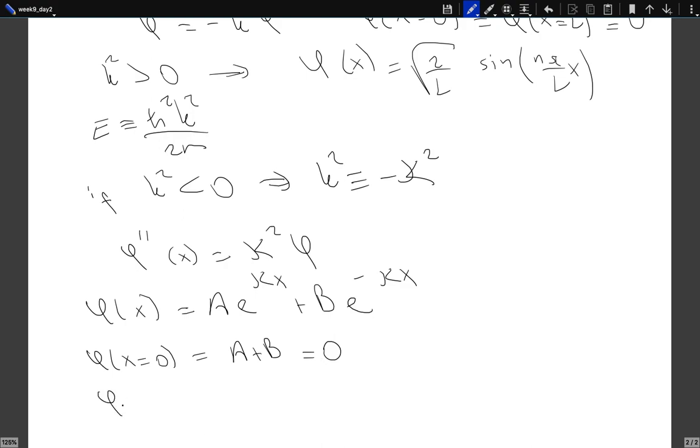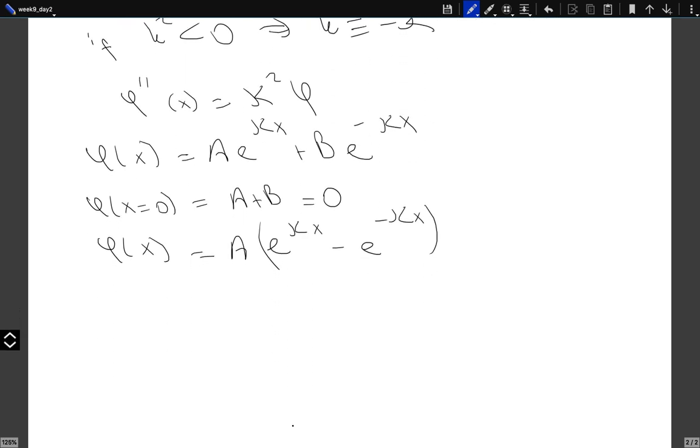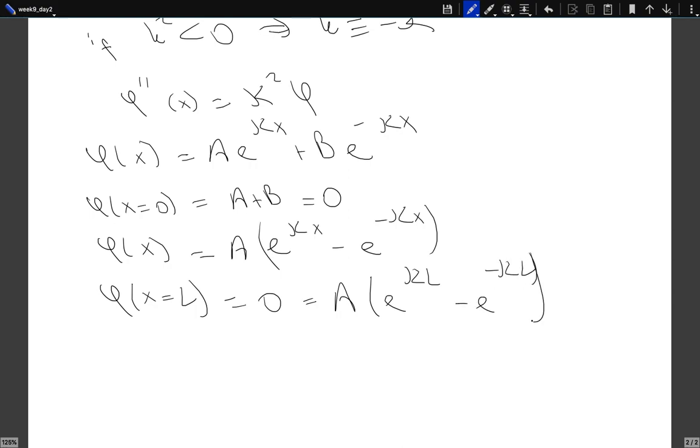But this tells me that my general solution is actually, let me take A out, e to the power kappa x minus e to the power minus kappa x. But then I have the second boundary condition: phi at x equal to L should be 0, e to the power kappa L minus e to the power minus kappa L.